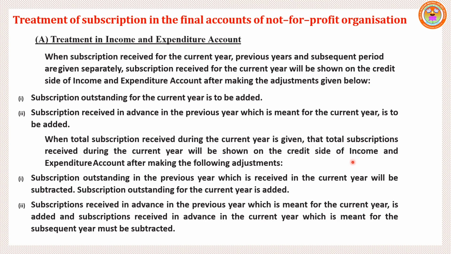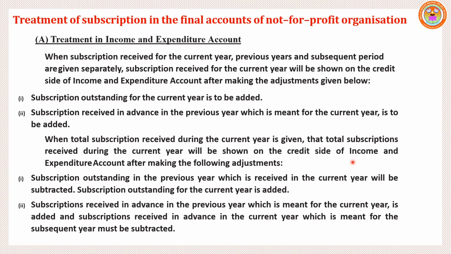So we have to take only current year transactions. Then we have to do some adjustments. So subscription outstanding in the previous year which is received in the current year will be subtracted. Then subscription outstanding for the current year is added.